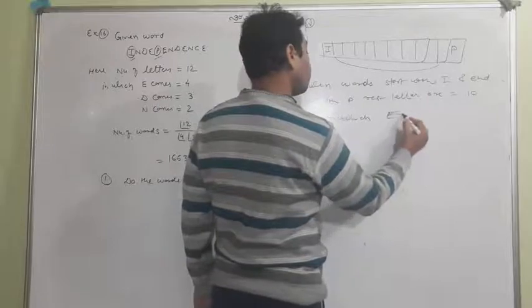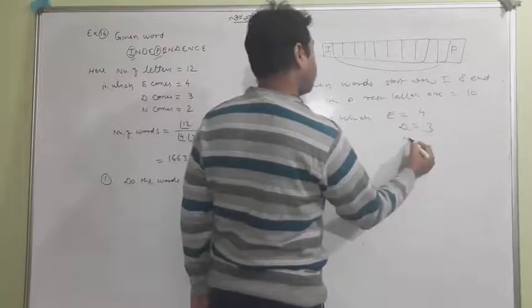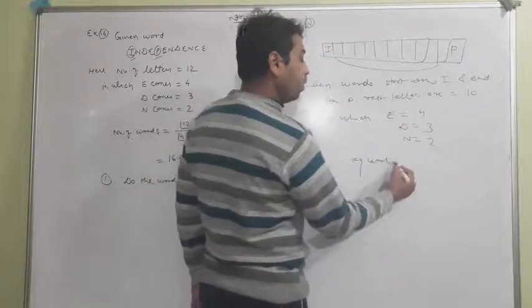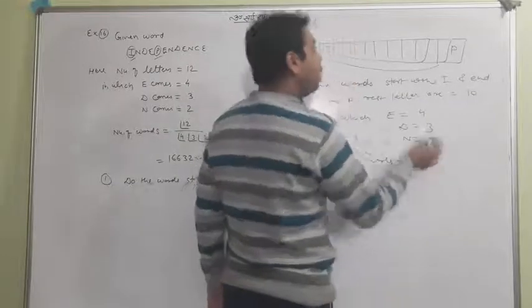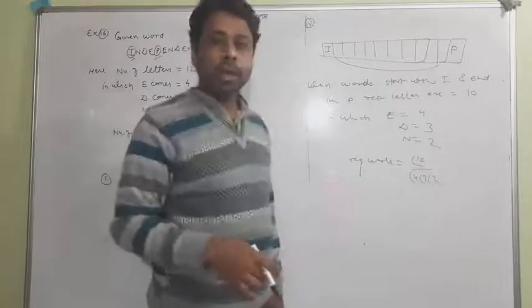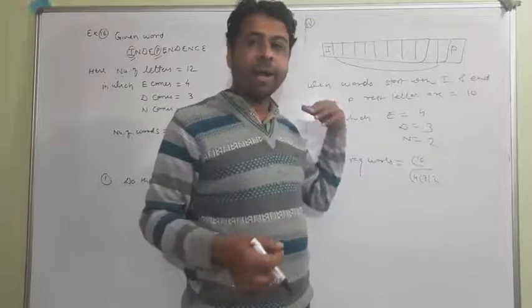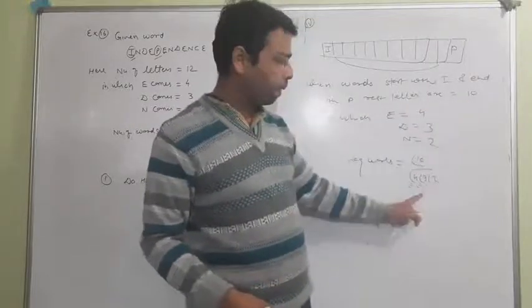E comes 4 times, D comes 3 times, N comes 2 times. So the required words are very simple: factorial 10 upon 4, 3, 2, because repetition is still happening in these 10 letters, and I and P were simply constant, kept in extreme places. So in the rest 10 letters repetition happened, and this is the answer.